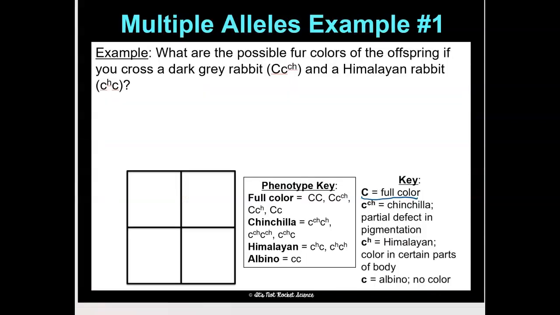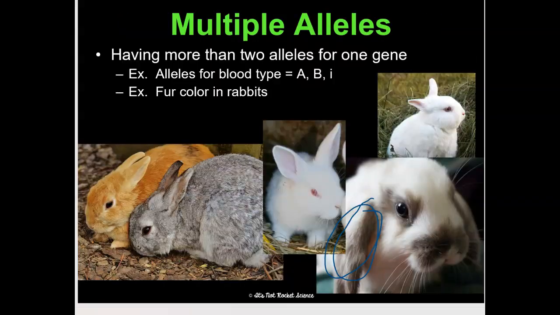And then the albino, of course, we've already talked about, means that there's a mutation that causes you not to have color, so no color at all. So this is an albino right here with the red eye. So these guys would be examples of full color. This one is chinchilla where it's spotted. This one is Himalayan, and this is albino.